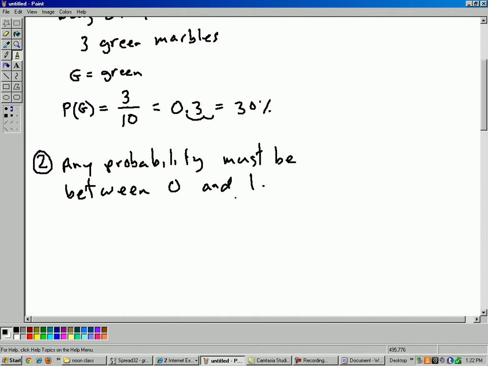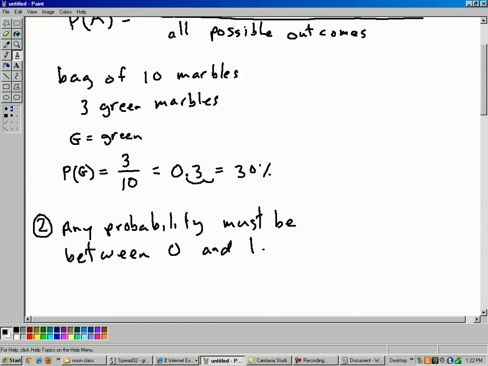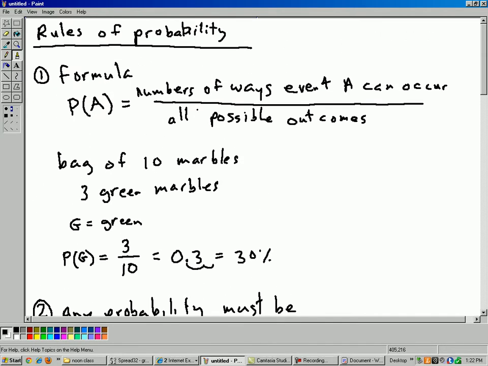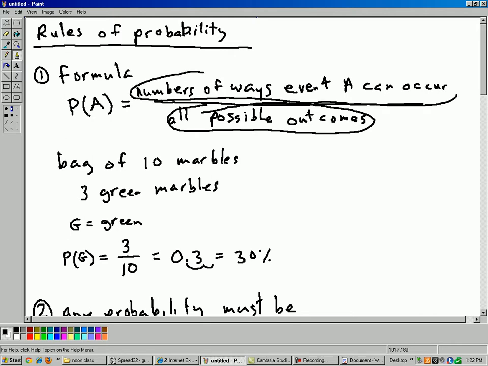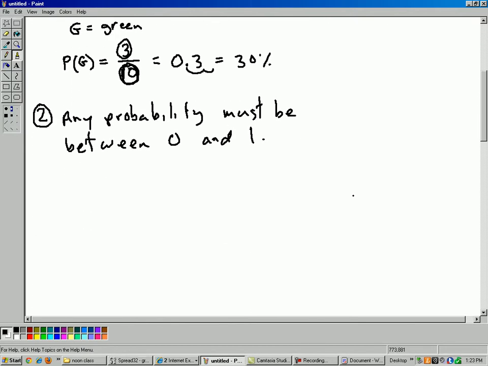This is a direct consequence of the formula, because the bottom number, all possible outcomes, is always going to be greater than or equal to the number of ways the event can occur. For example, in the marble example, the number of green marbles is only 3, but there's 10 marbles altogether in the bag. So the total number of marbles is always going to be more, or possibly equal to, the number of particular marbles that you're interested in. And so for that reason, you always get a number between 0 and 1.